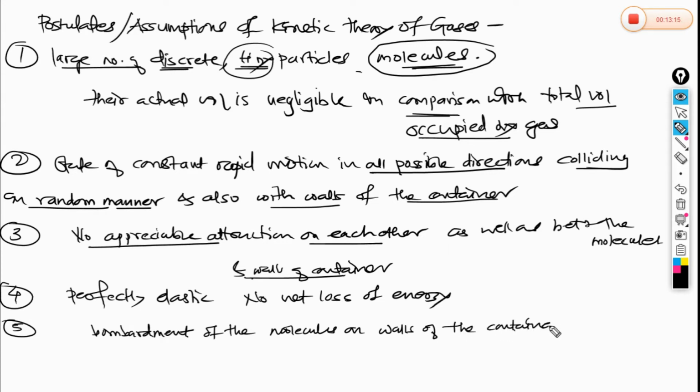That means we know the molecules are in continuous motion. While they are moving from one point to another, they strike the vessel where the gas is kept, and due to this collision between the molecules and the walls of the vessel, the gas exerts pressure, or the pressure is formed.